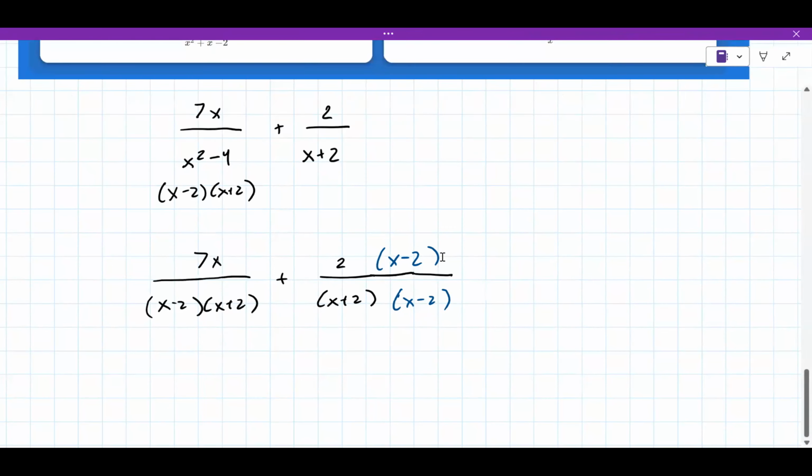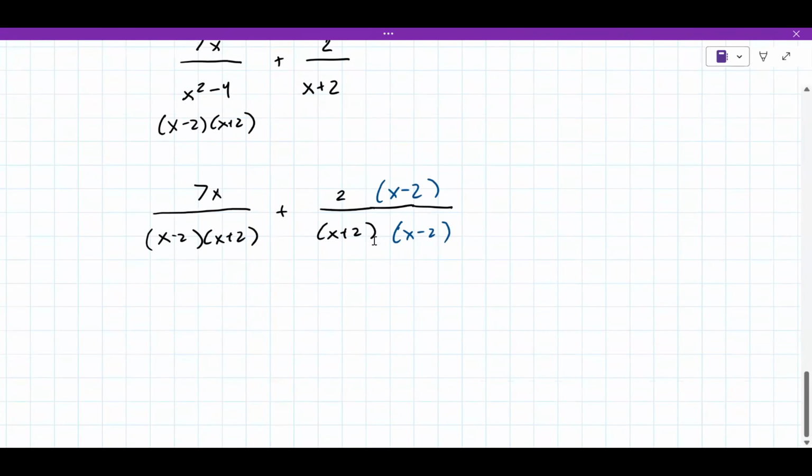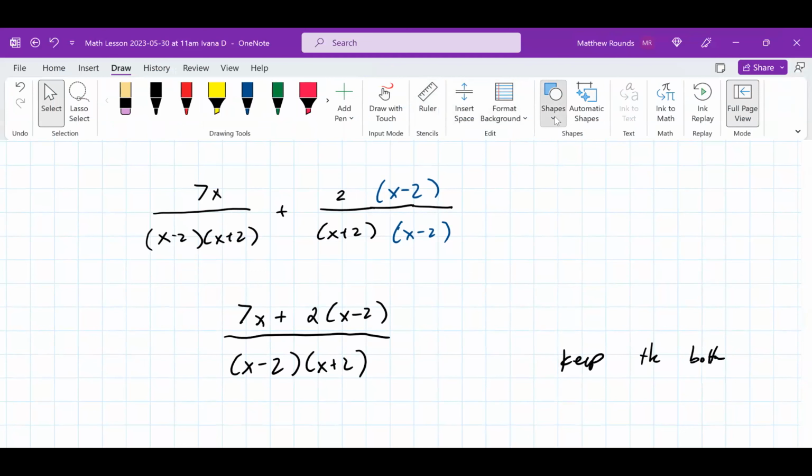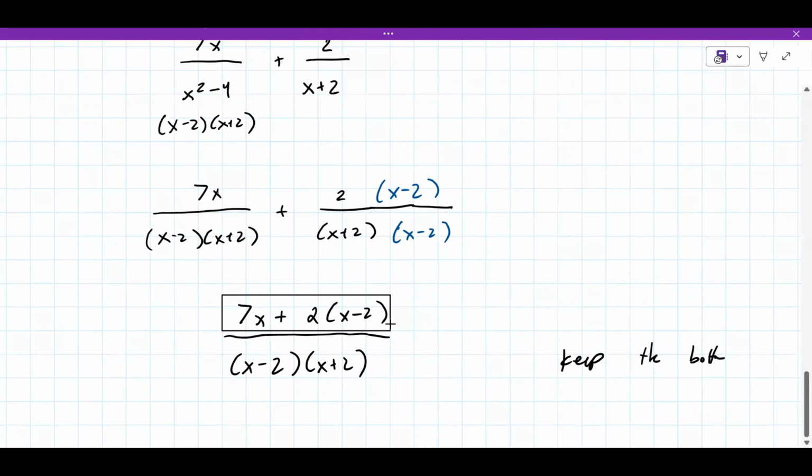All right. So now when you have a common denominator, they're now the same, you can combine the top, but you keep the bottom. Okay. So I want you to look at just the top here and try to simplify that for me, please. Just the top, nothing to do with the bottom.